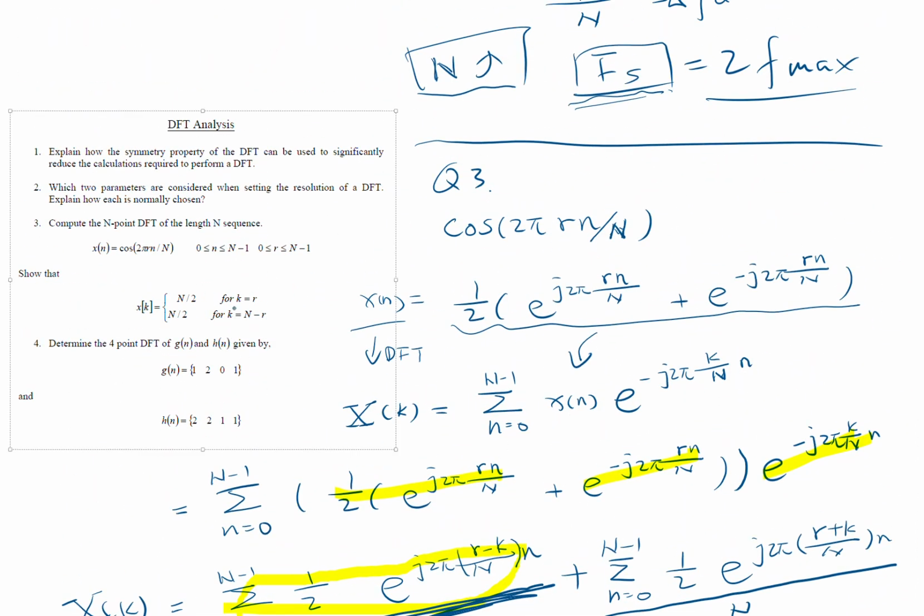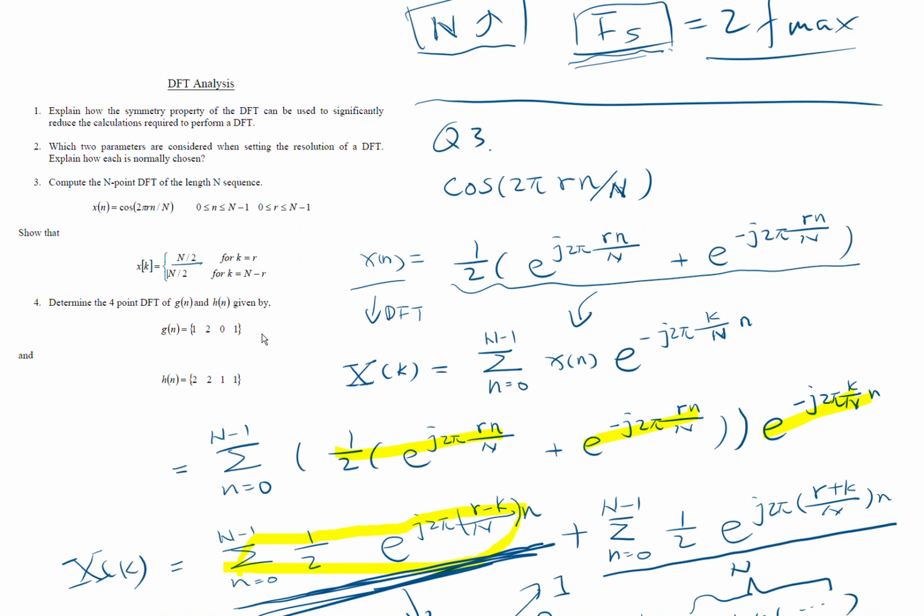If r equal to k, then we have half n, and one here is a bit different. So what we got so far is k equal to r, and k equal to negative r, and then we have this conclusion, right? But what about this?